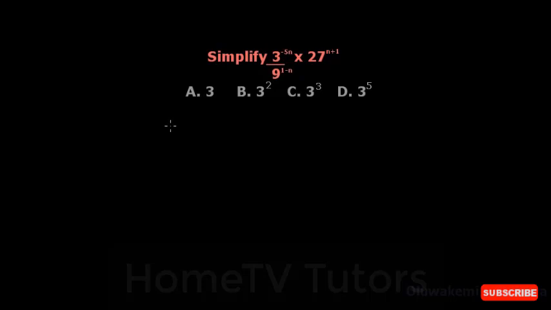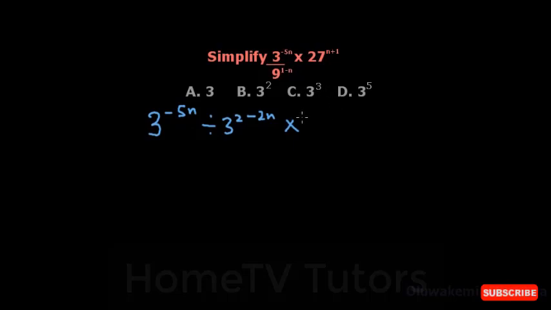Simplify this expression. Okay, so we start with 3 raised to the power minus 5n. This is division, so we quickly paste it as division. 9 is 3 raised to power 2. So the 2 multiplied by 1 gives us 2 minus 2n. Okay, then times 27, which is 3 times 3, 9 times 3.